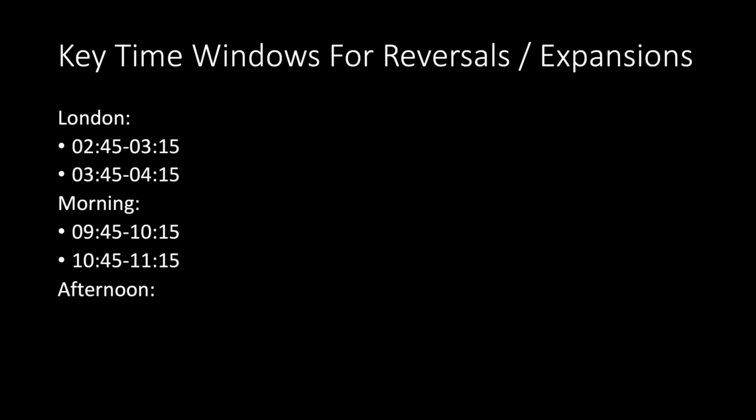For the afternoon session, the first time window is from 1:45 to 2:15 p.m. and the second time window is from 2:45 to 3:15 p.m. What you'll often see is that if that first given time window forms a smart money reversal, the market will expand all the way to 2:45, and if it reaches the draw on liquidity by then, it's possible that the daily retracement will form from the second time window for the afternoon session.